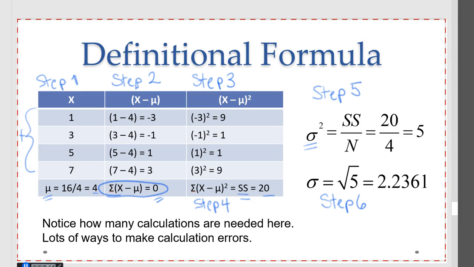This is our population standard deviation, sigma. The interpretation for this population parameter, sigma, from our data set of 1, 3, 5, and 7, is that the average distance of the scores from the mean is 2.2 points. Notice how many calculations are needed here and how many ways to make calculation errors.